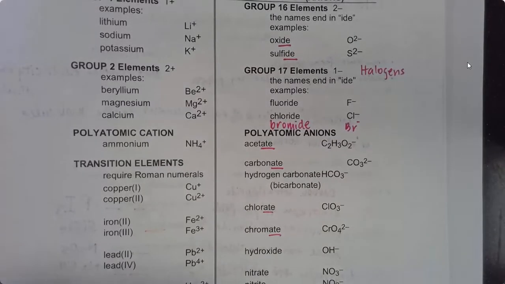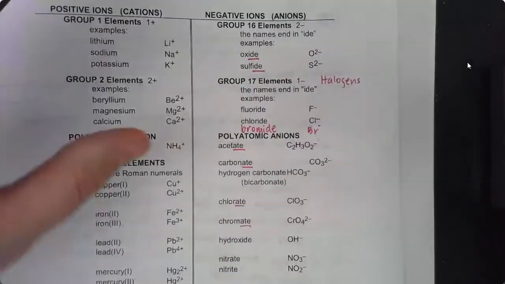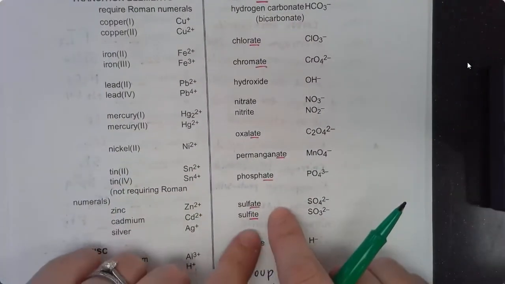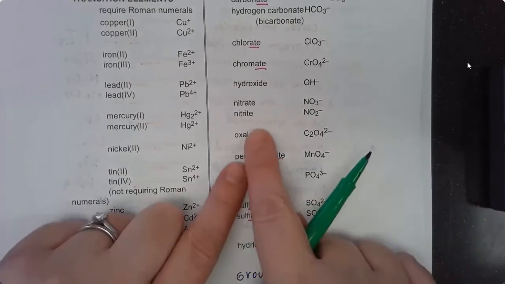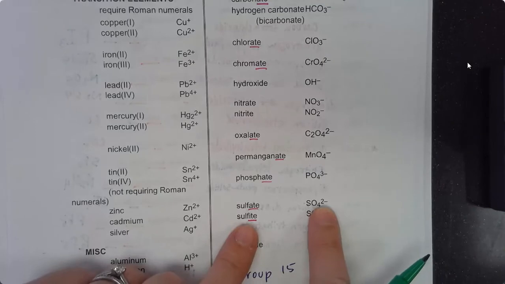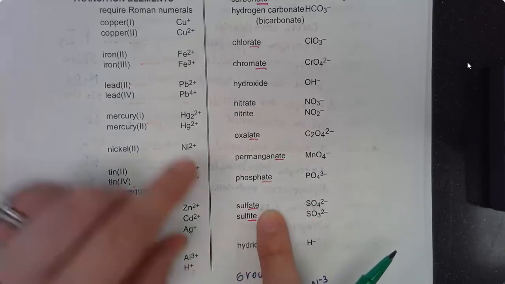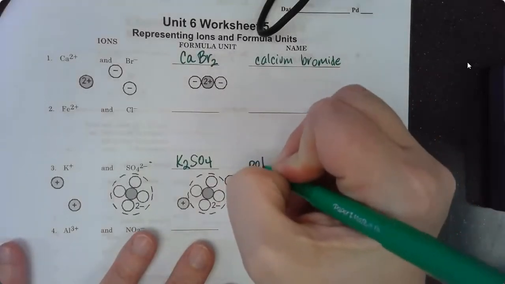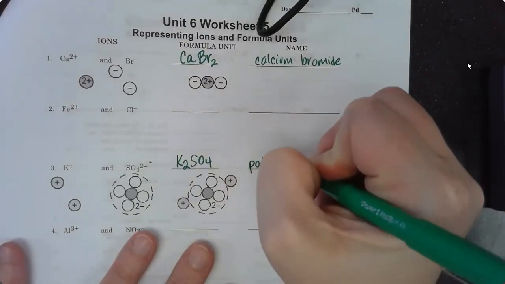So what we have to do to find the name for it is find SO4 on the sheet. Yeah, it's page 15. So it's down here. SO4 is a -2 charge, and it's called sulfate. So over here, I'm going to write potassium sulfate.